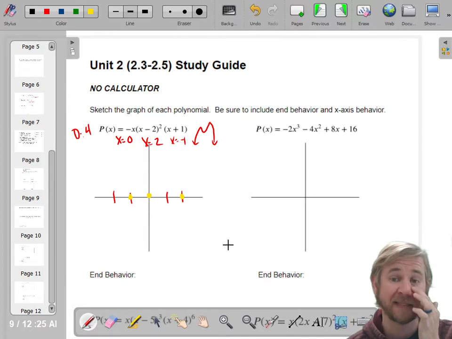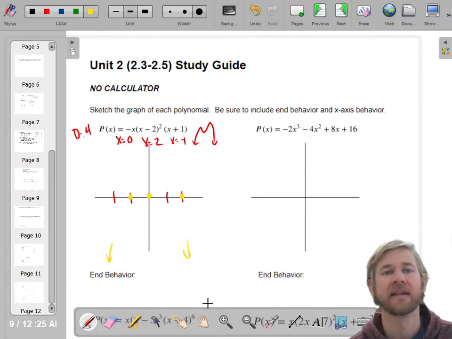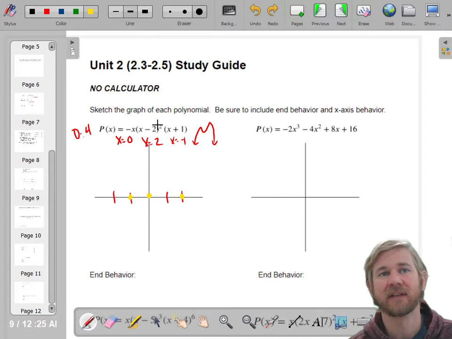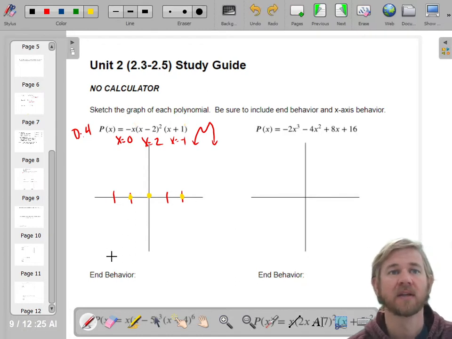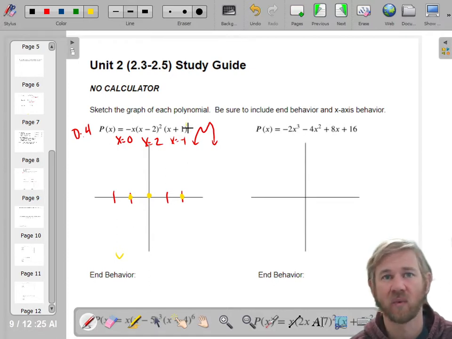Now, we also have to pay attention to the x-axis behavior. So I know it's going to end down here, but what happens along the x-axis? So these are called multiplicities. If you have an even degree multiplicity, it will bounce off the x-axis. If it is odd, like these are both odd, it's going to pass through. So we're going to work left to right. When we get to negative 1, that's this factor. That's an odd degree multiplicity because it's 1 right there.